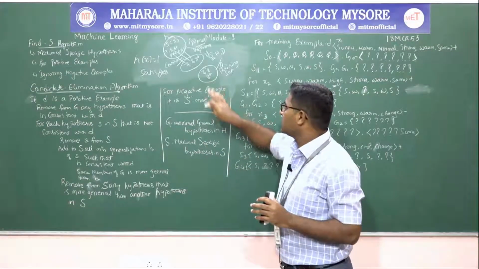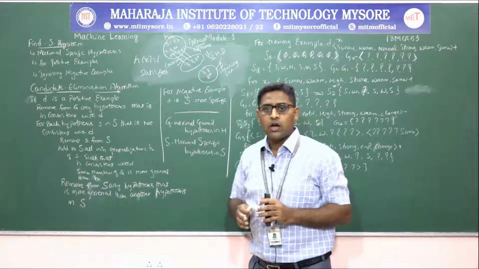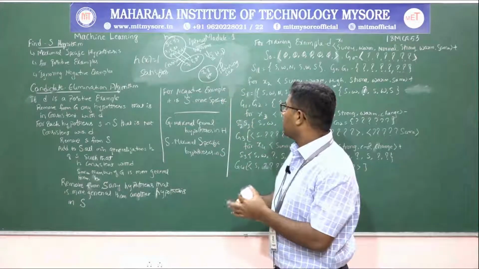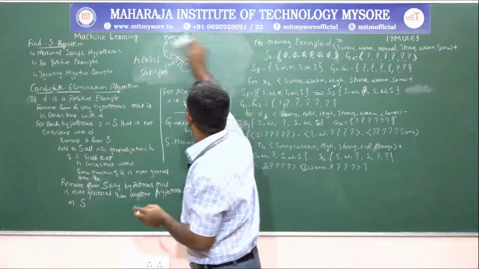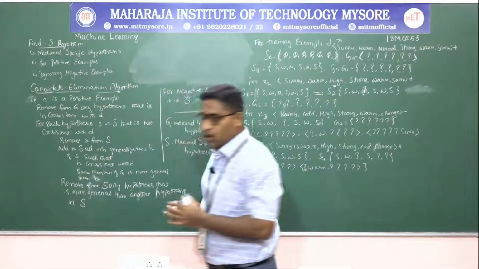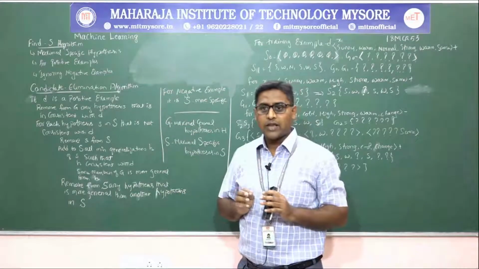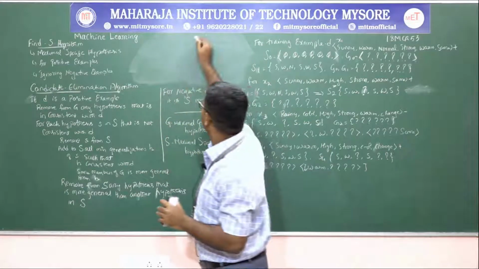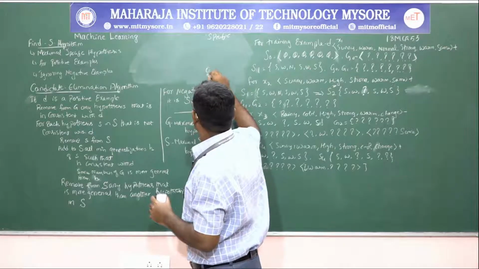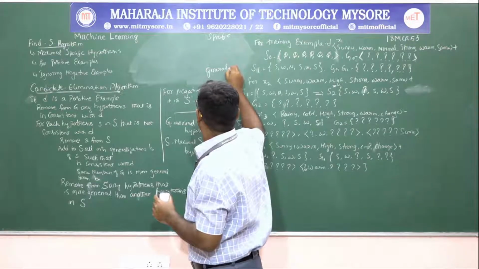Now those are the training sets that you have derived or are considering for the training. So for every training set, what we will be doing is we will define it from specific to general.